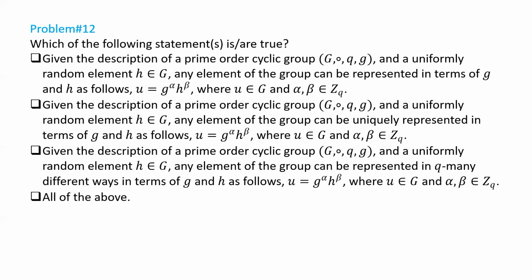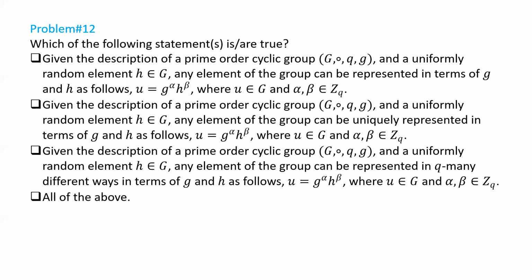Now the second and third statements deal with whether it is a unique representation or not. The second statement says that this representation is unique. The third statement says that there can be Q many different ways of such representation. Let us verify. So let's say you are given some representation U equal to G to the power alpha, H to the power beta.